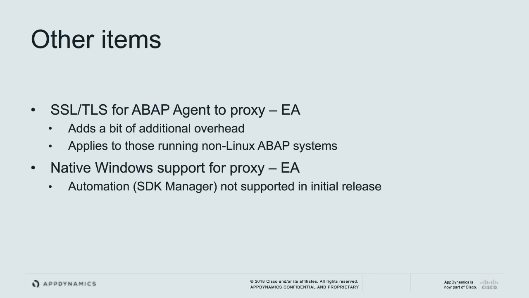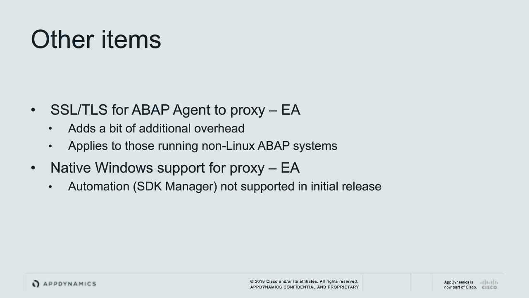So both of these are available now, but the automation on Windows is still work in progress. So these are some of the things that we've delivered in the last few months, along with performance enhancements and other bug fixes. But the one that's been really exciting is this SAPGUI monitoring.